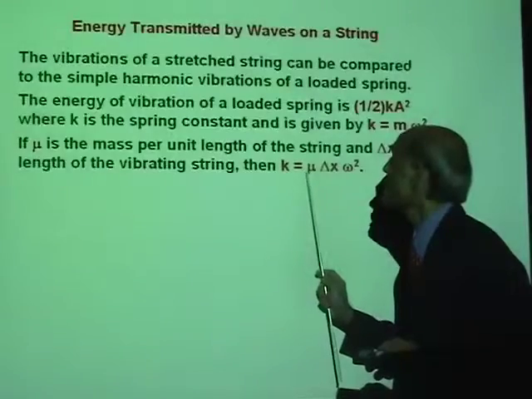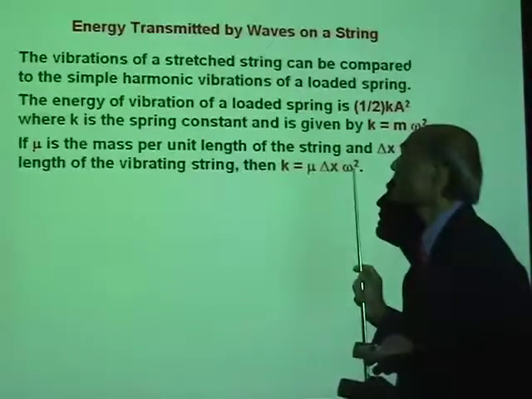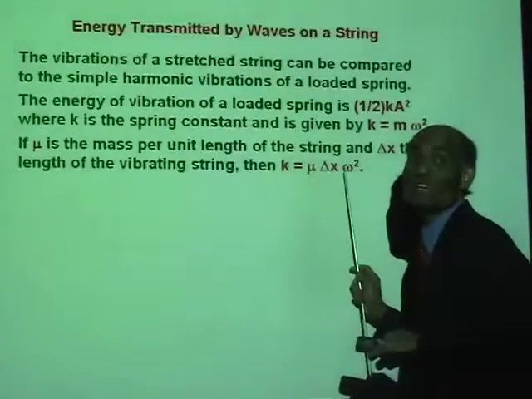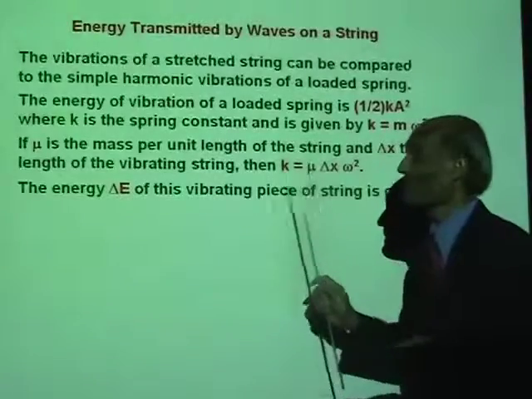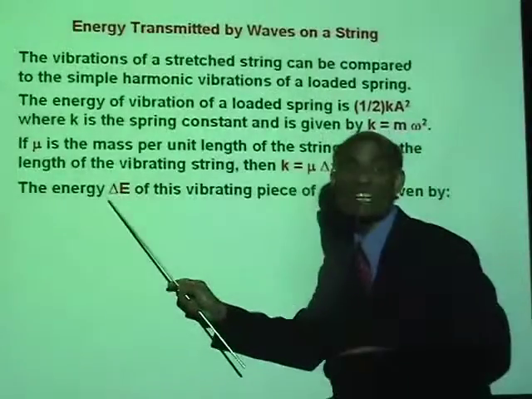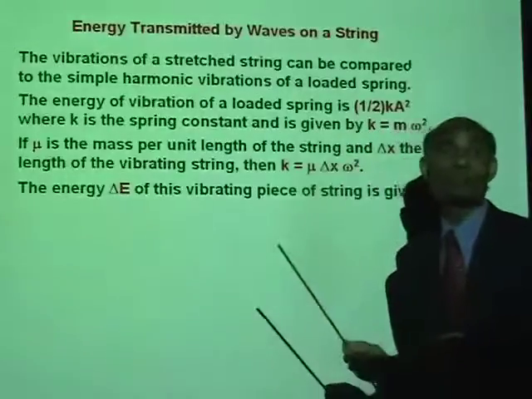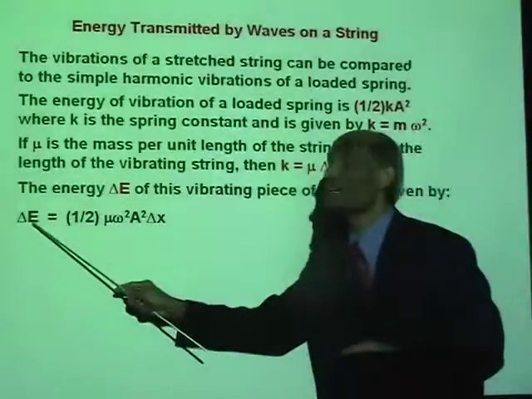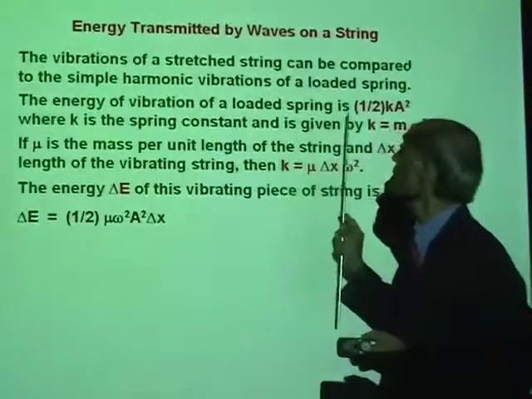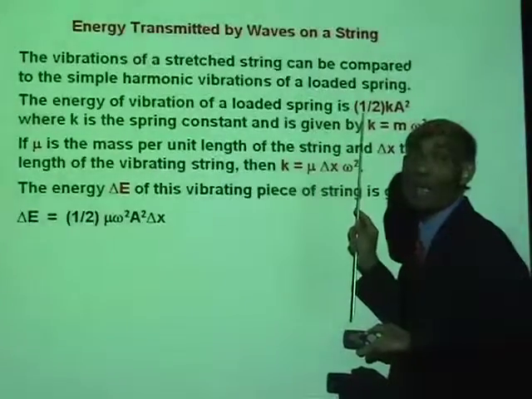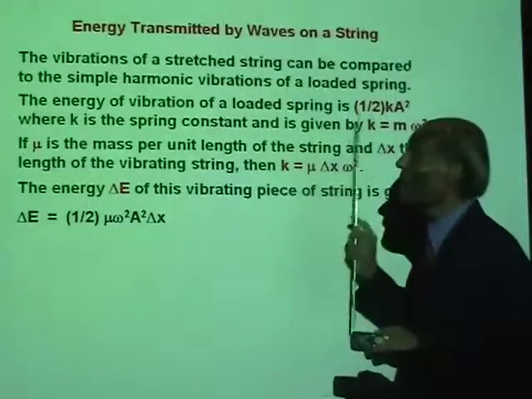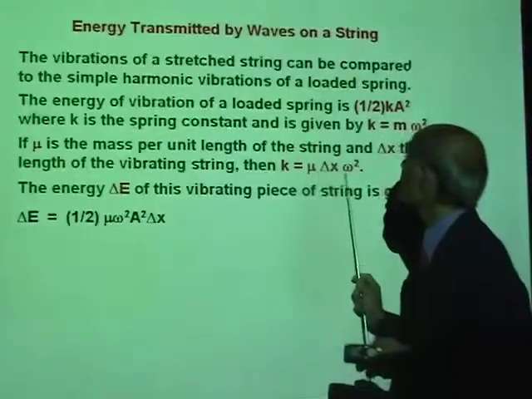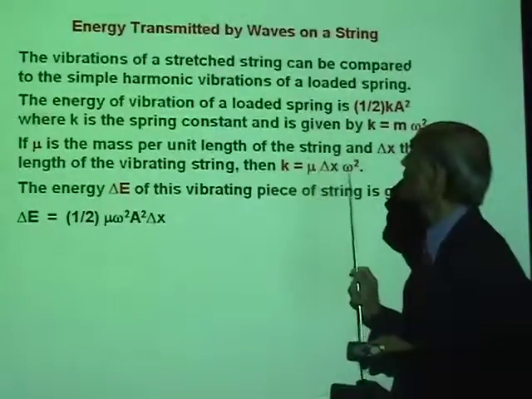You see, K equal to m omega squared, mu delta x omega squared. And therefore, the energy delta E of this vibrating piece of string can now be written as delta E equal to, remember we're using the same equation, 1/2 Ka squared, where K is mu delta x omega squared.